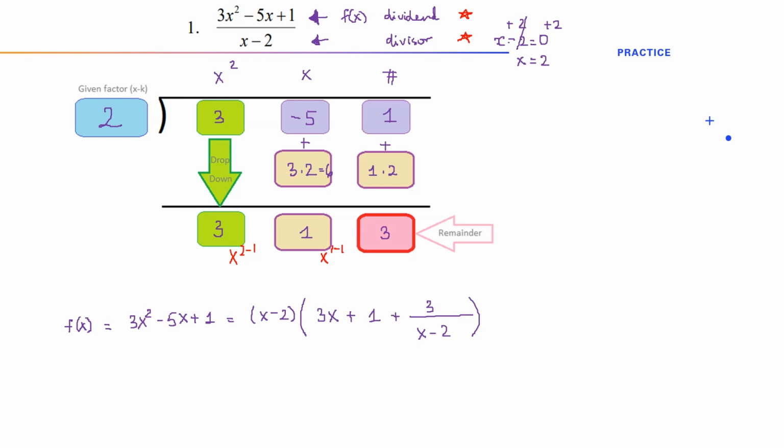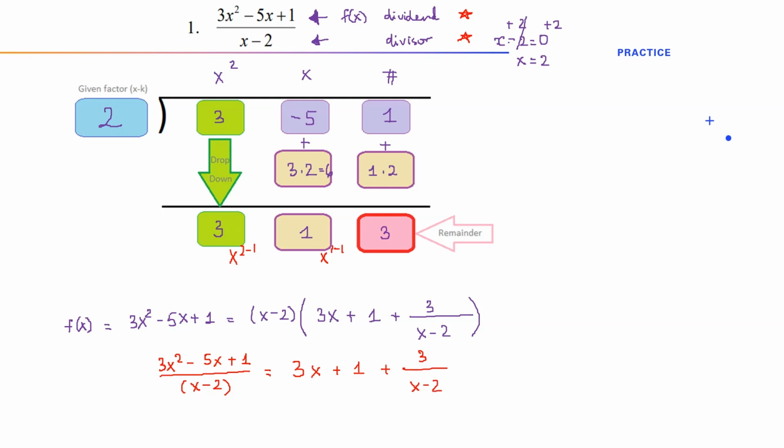Or we can rewrite it. It will be the same thing, right? And of course, we rewrite the given questions like that, and it's equal 3x plus 1 plus 3 over x minus 2.